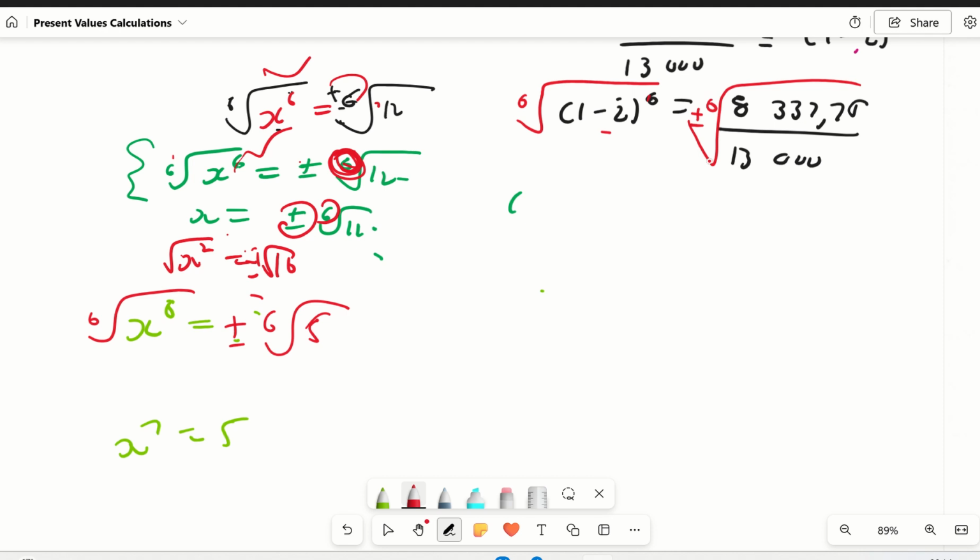Because whenever you're taking the root of even numbers, you must always put plus minus. But since this is odd, you don't have to put plus minus. So you're going to take the seventh root of 5, it does not change. Numbers like 3, 5, 7, 9, 11, 13 are odd numbers, so you don't have to put plus minus. But if it's a root of an even number, you must always put plus minus. Are we together?